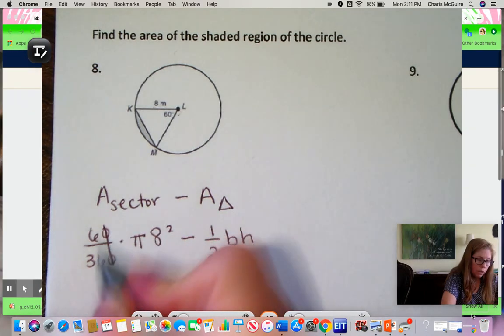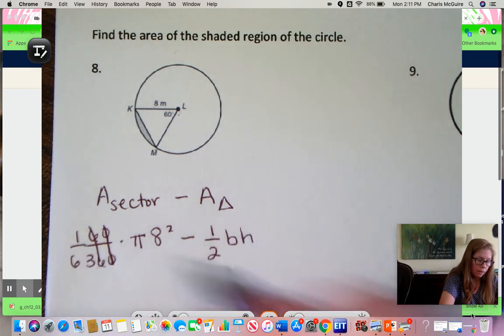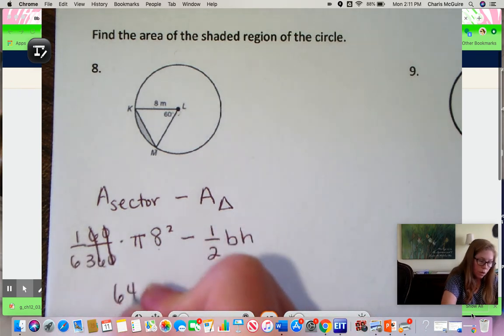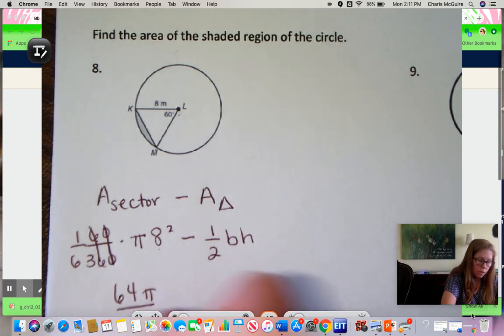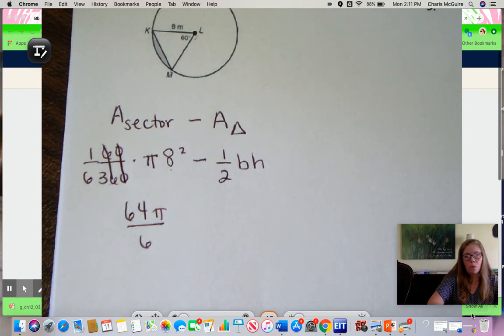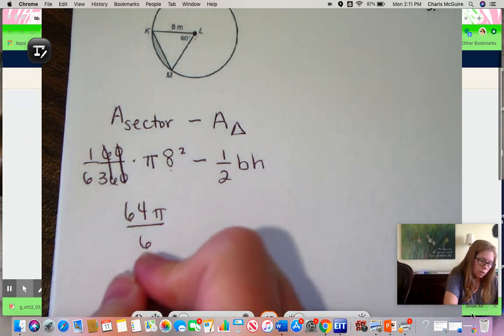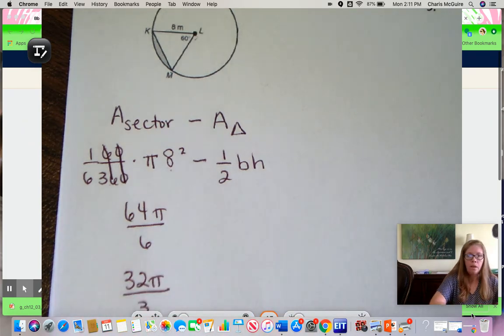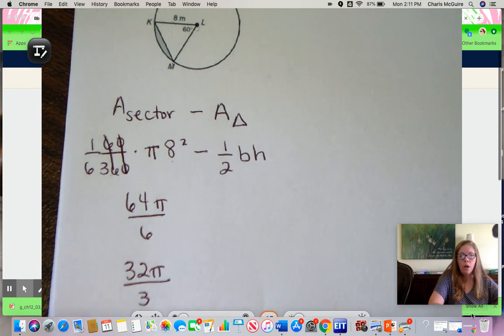The 6 over 36 is 1/6, and 8 squared is 64. So we are looking at 64 pi over 6. And we can reduce that, right? They're both divisible by 2. So we've got 32 pi over 3. That's the area of our sector, and we're going to subtract out the triangle.